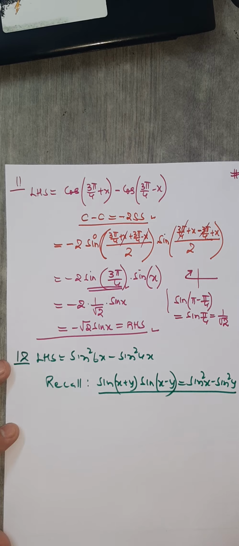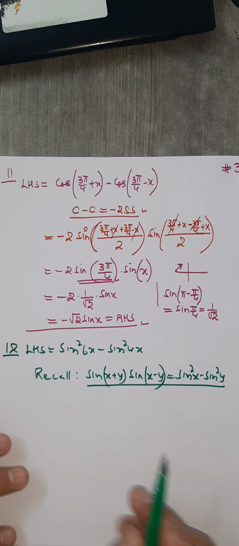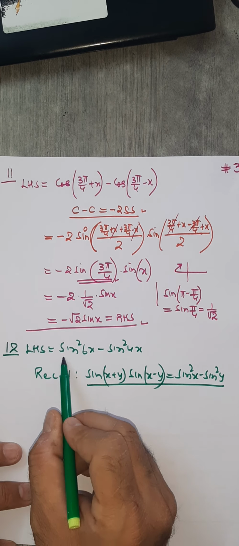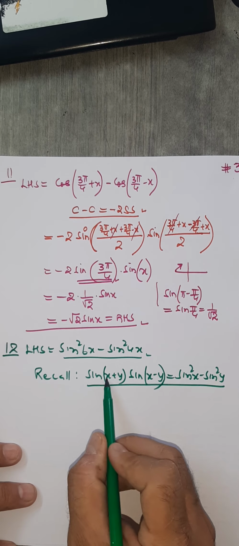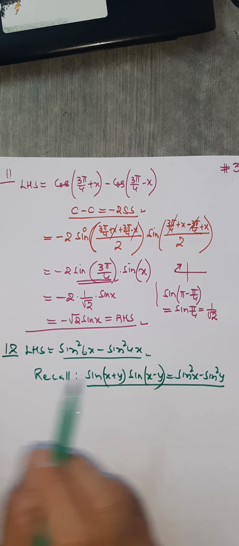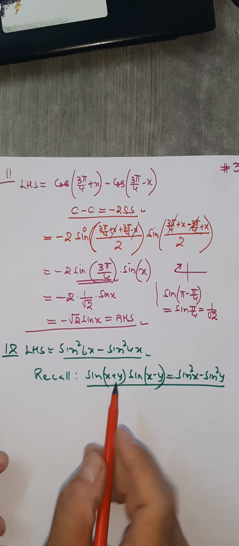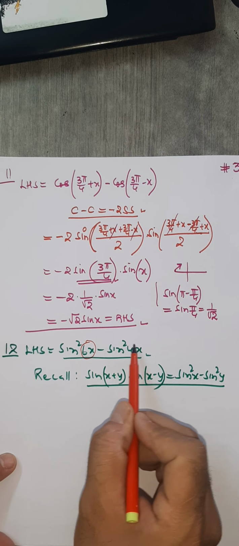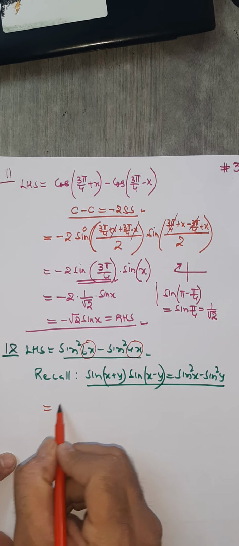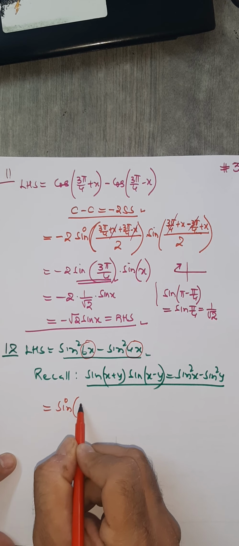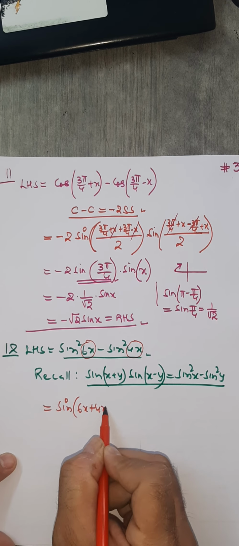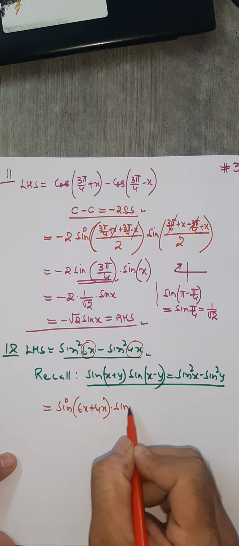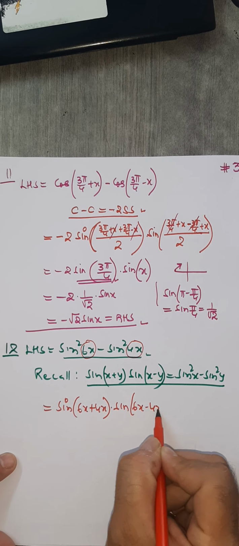Just recall this. Okay, so what is this? Here you are given this RHS. So I can write x plus y and x minus y. What is x here? It's 6x and this is 4x. So I can write sine 6x plus 4x into sine 6x minus 4x.